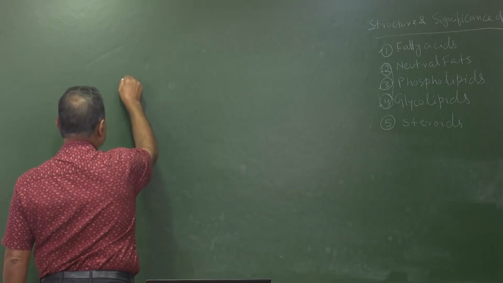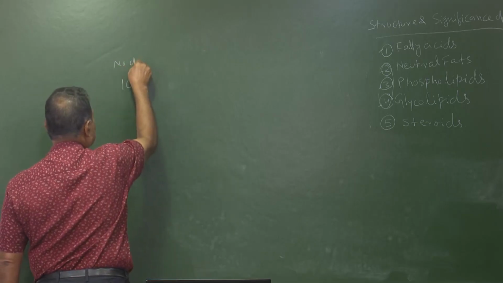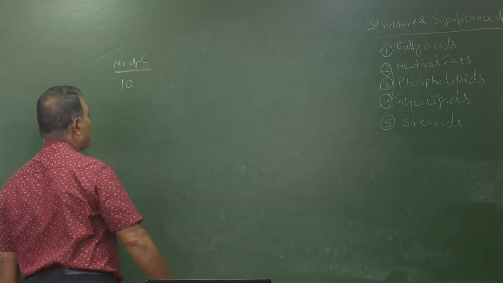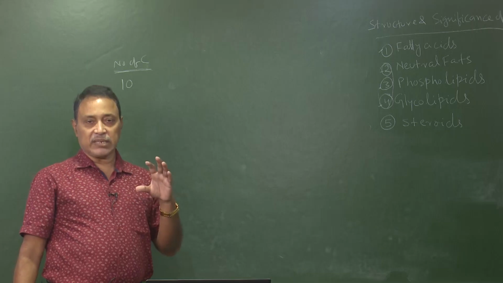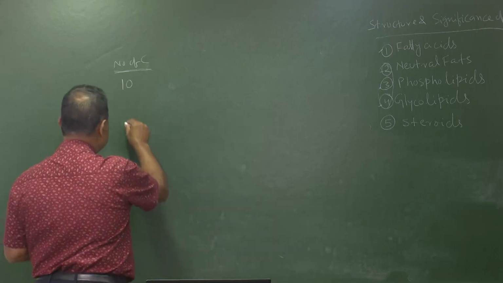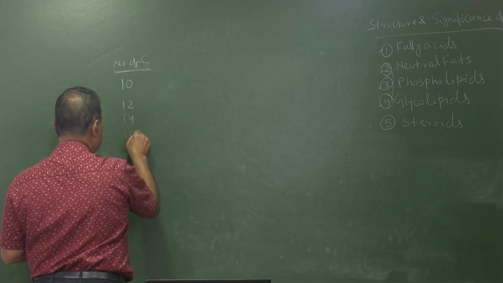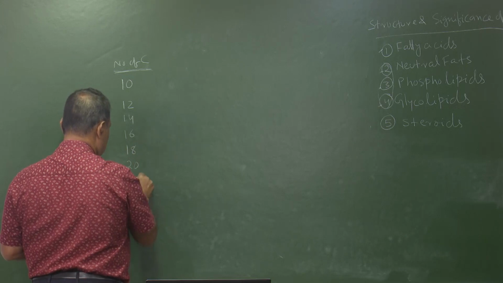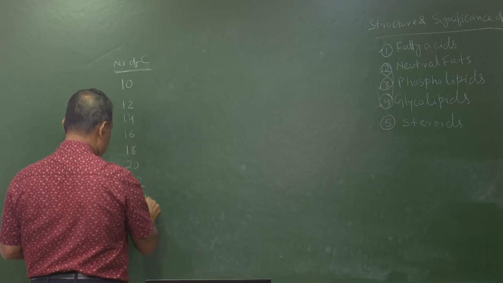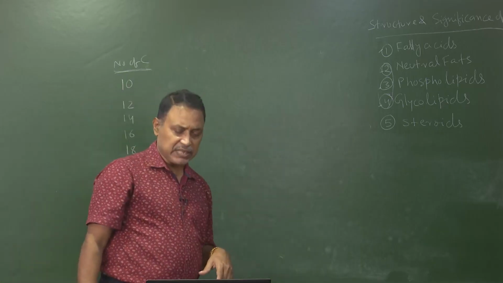We will have the number of carbon atoms. I have told you that it is always even, so there will be 10 or 12 or 14 or 16 or 18 or 20, 22, 24 or 26. Upper limit is probably 26.